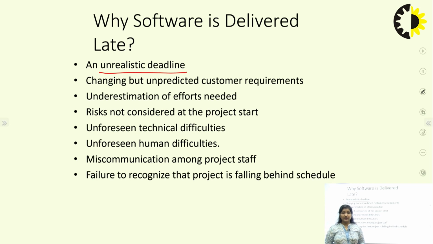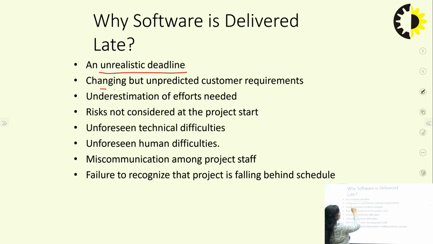After analyzing the requirements, if we are not able to analyze all the requirements properly, or if the client is not able to tell its requirements completely, then it will result in an unrealistic deadline. We can say the project can be completed within 2 weeks, but actually the project is not able to be completed even within 12 weeks. So, this is the unrealistic deadline that can occur.